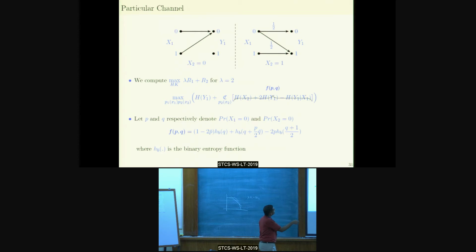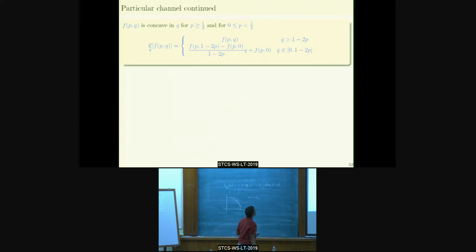If I denote this by fpq, where p is the probability of x1 equals 0 and q is the probability of x2 equals 0, then the thing I want to compute the concave envelope over is the following expression, where hb of x is minus x log x minus 1 minus x log 1 minus x. That's the binary entropy function. And then you want to see what is the upper concave envelope of this with respect to q.